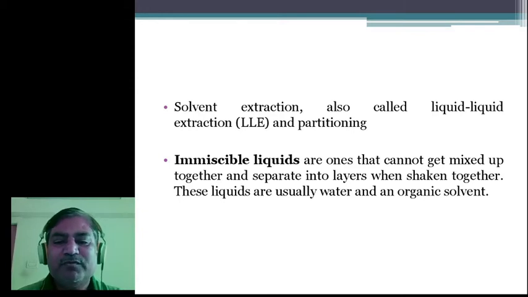These two immiscible liquids have no tendency to mix with each other, and they form separate layers. For example, in the separatory funnel we are taking a liquid such as water as aqueous solvent system and benzene as an organic solvent system.